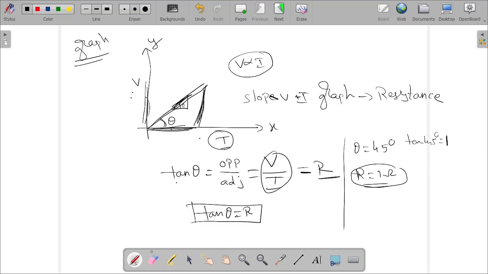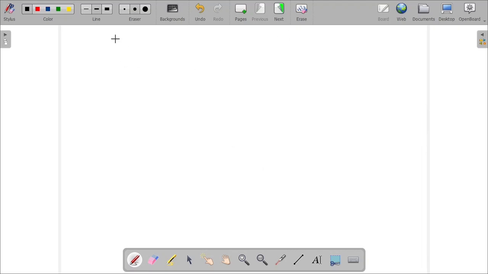Now if I consider current on the y-axis and voltage on the x-axis, the graph will still be a straight line as the temperature is constant. Here also it is a slope only.